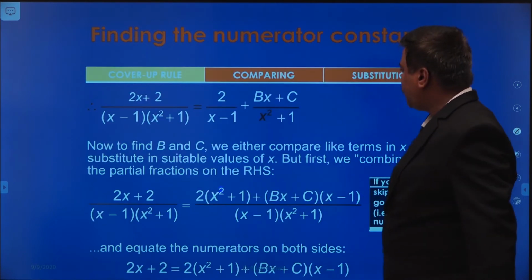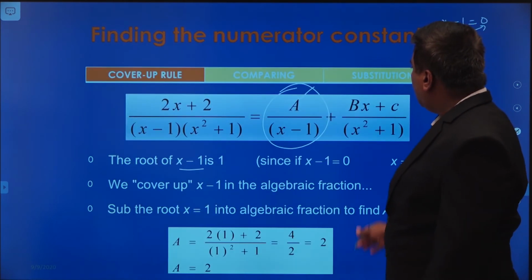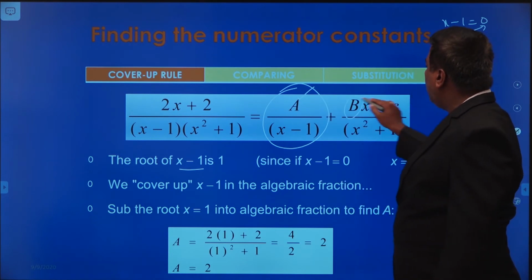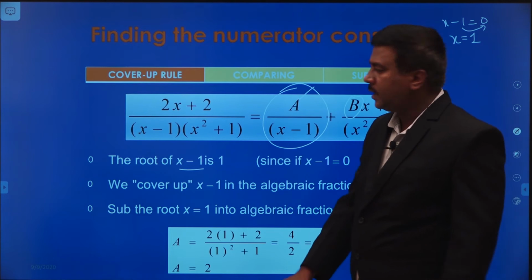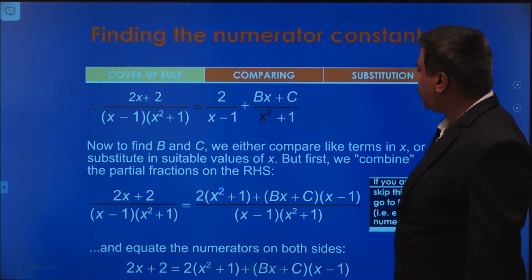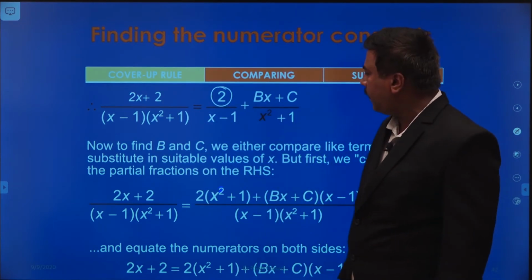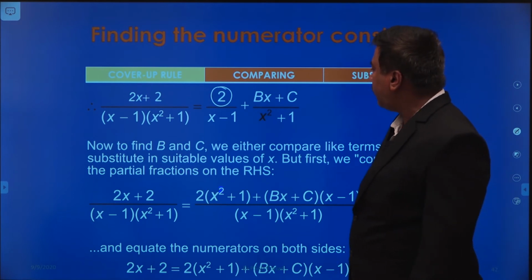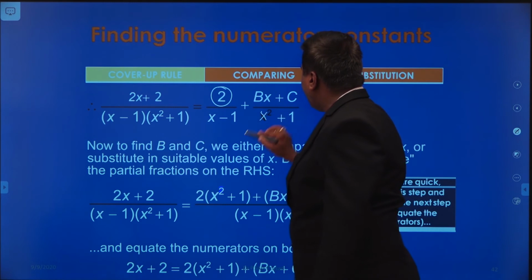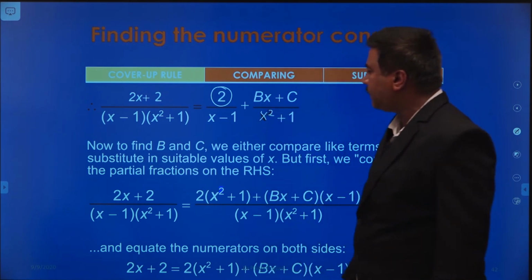Okay, next. Similarly, by using this A value, we have to find the values for B and C. After finding the A value, now I substitute in the place of A, that is 2x plus 2 by x minus 1 into x square plus 1, equal to 2 by x minus 1 plus bx plus c by x square plus 1.